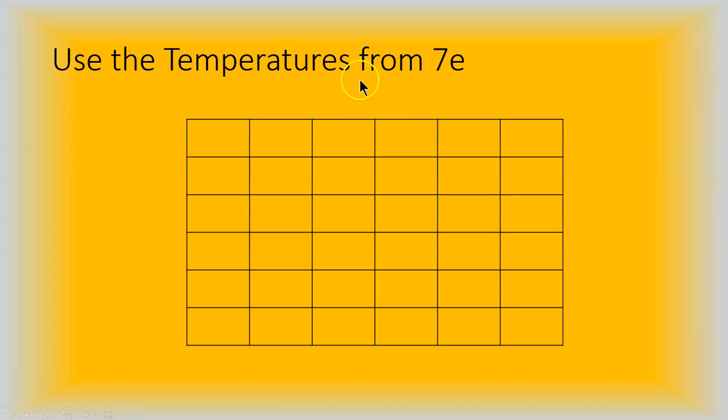Using the temperatures from 7E, and there were a lot of them, right? 1, 2, 3, 4, 5, 6 intervals. And this is going to be not by twos. We're going to count by threes on this one, I believe. So we've got 6 intervals, just like on your notes from 7E.